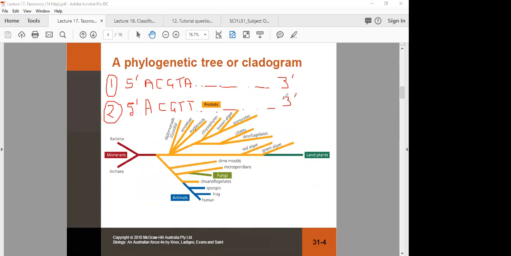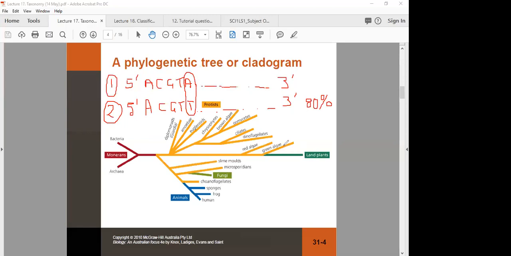You can clearly see there is a difference here in nucleotide sequence. So we can say that group number 2 shares 80% sequence similarity in their ribosomal RNA gene to group 1. Okay, so very similar.